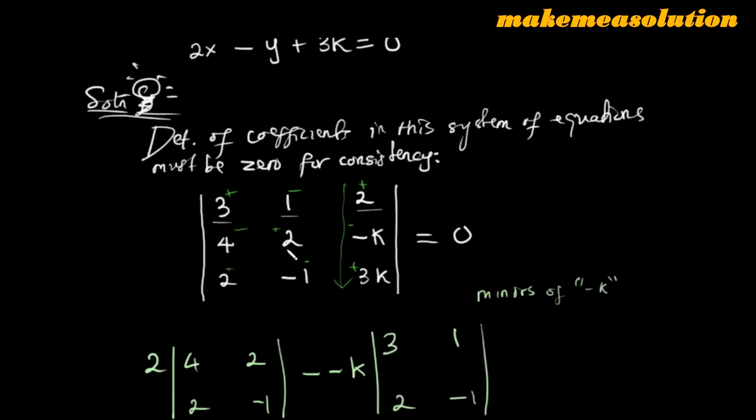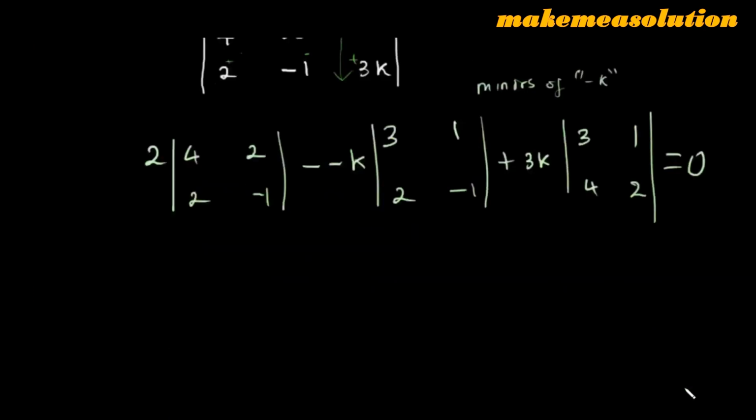That means you put a cross on this row and on this column. Then we now go to plus 3k. So evidently you have 3, 1, 4, and 2. So we equate everything to 0.